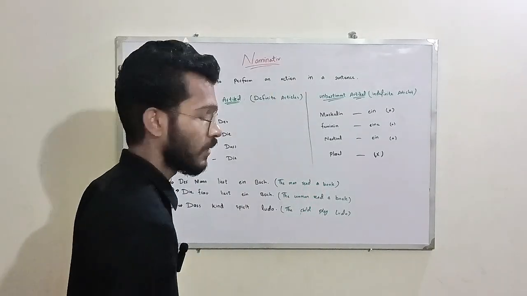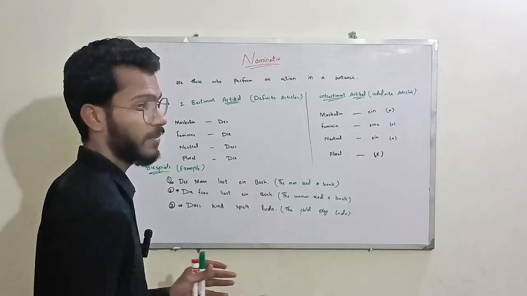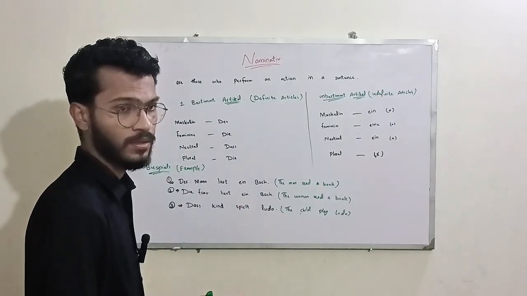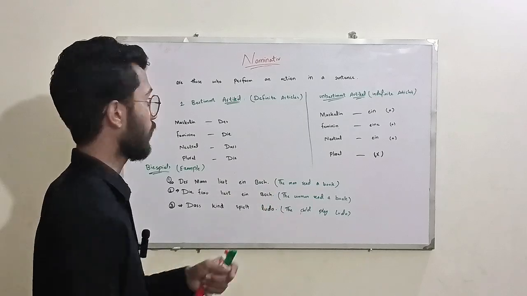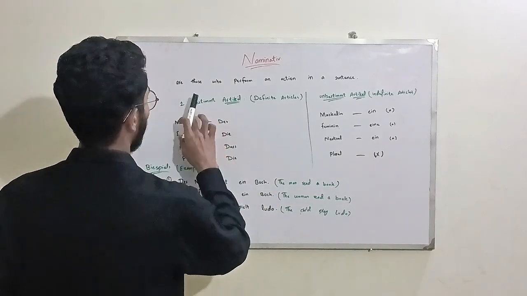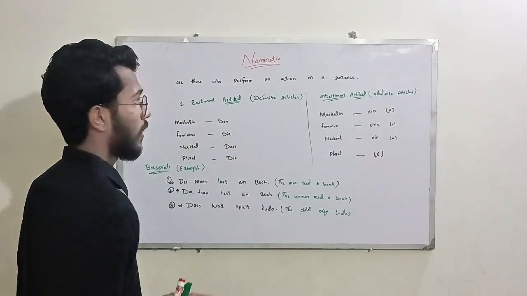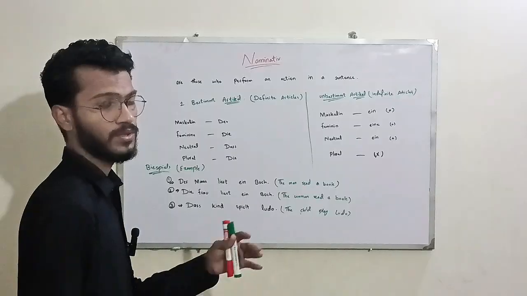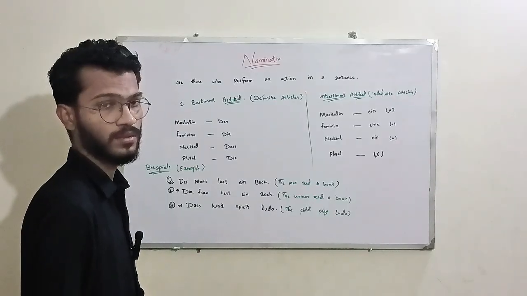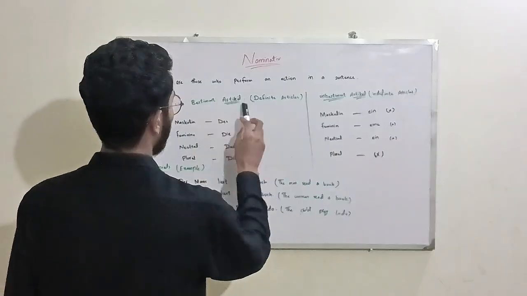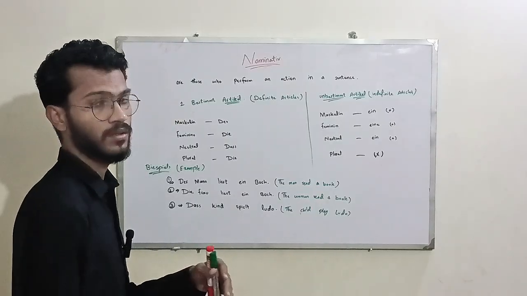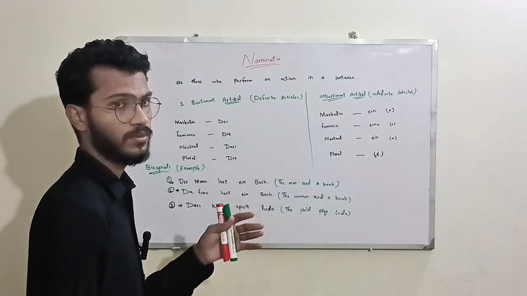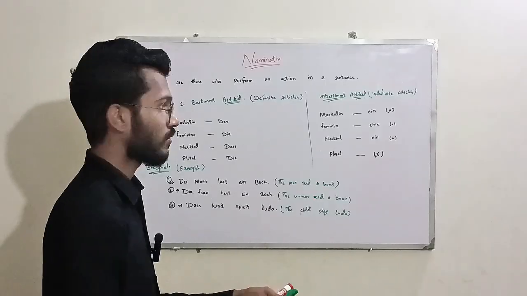Nominatives are those who perform an action in a sentence. A noun which performs an action in a sentence is the nominative. Nominatives can be distinct or unbestimmt articles. Distinct articles are definite articles. In English we use the, but in German we use the article according to their genders.